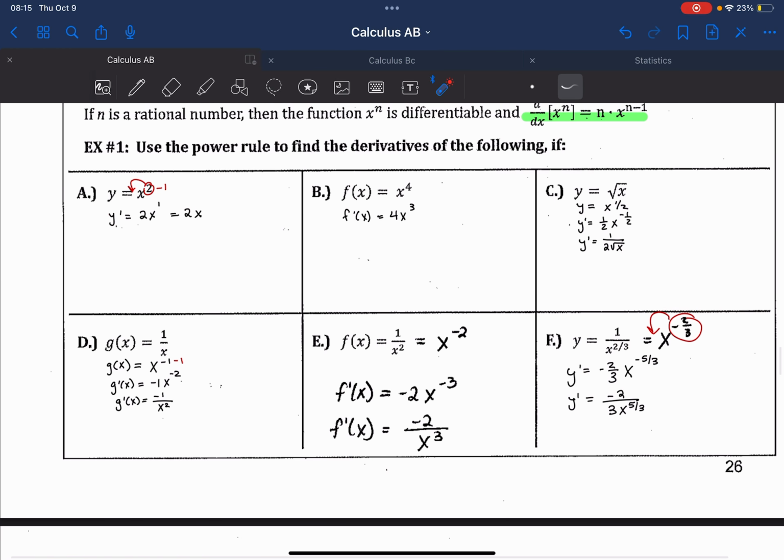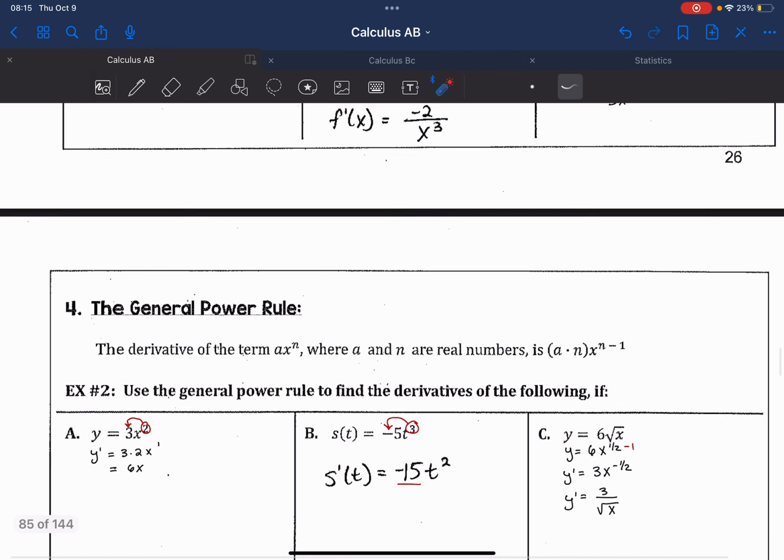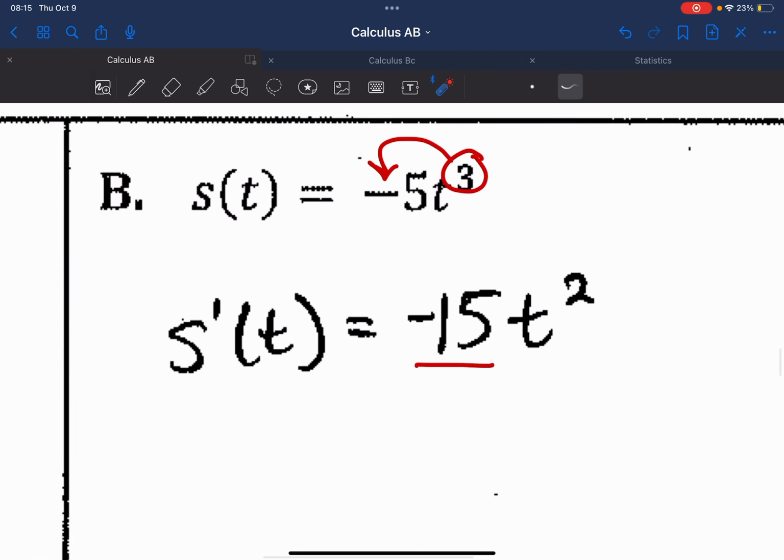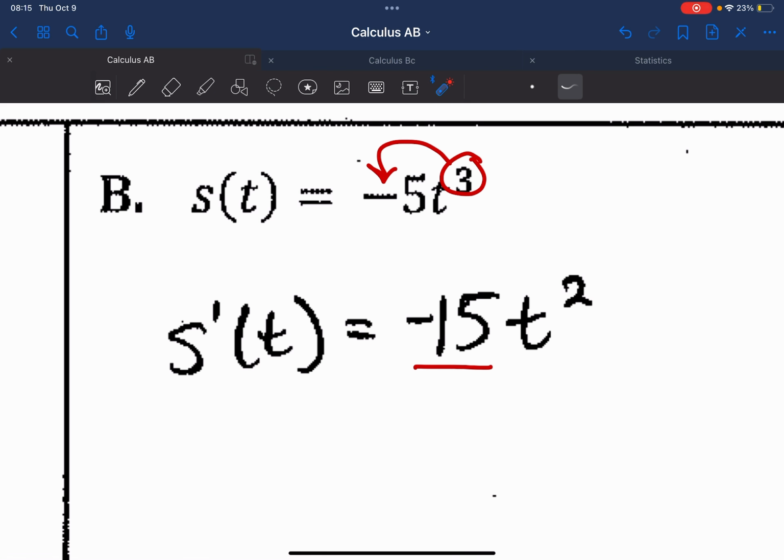Okay. These are pretty simple when we don't have another number in front. We're just simply bringing it down. But let's say we have a number in front. For example, on part B, we're still going to bring that exponent down. So here's our exponent of 3. I'm going to bring it down to the front. But notice in front, I now have a negative 5.